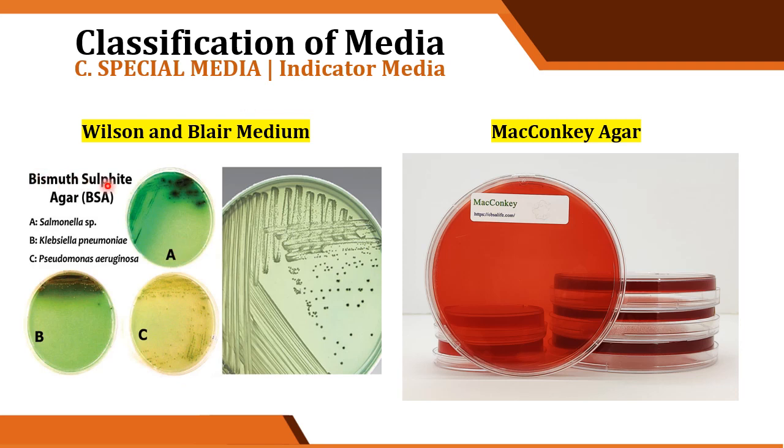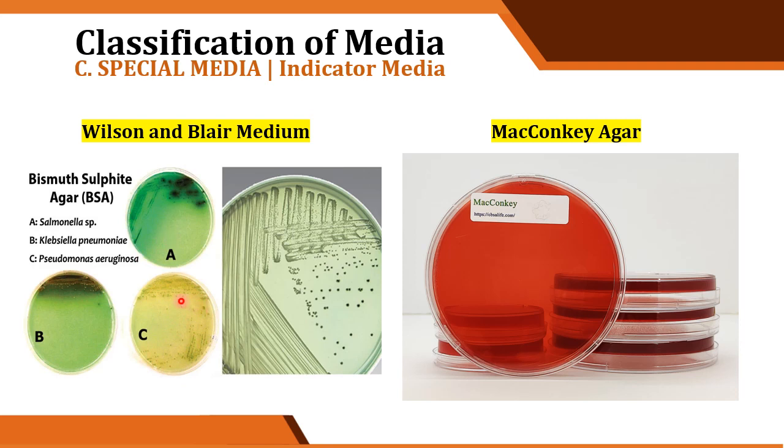So si S-typhi, this is used for S-typhi, okay, reduces sulfite to sulfide in the presence of glucose. So, and the colonies of S-typhi have a black metallic sheen. Okay? So, pag nakakita ka ng black metallic sheen, alam mo na S-typhi yung inyong na-isolate.